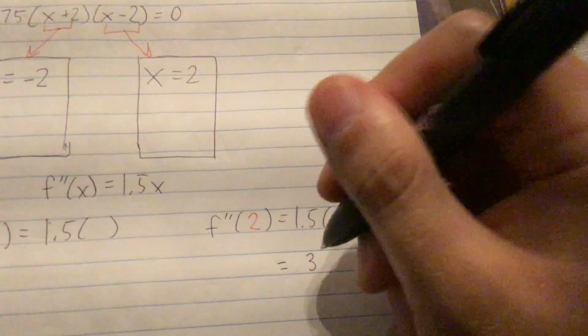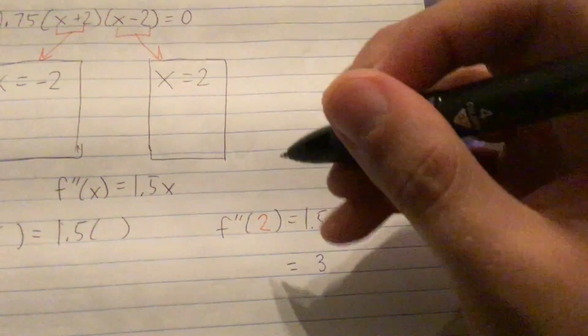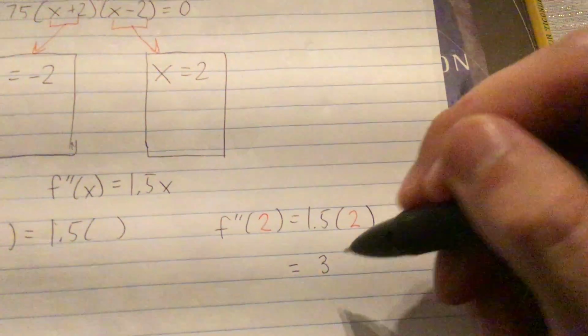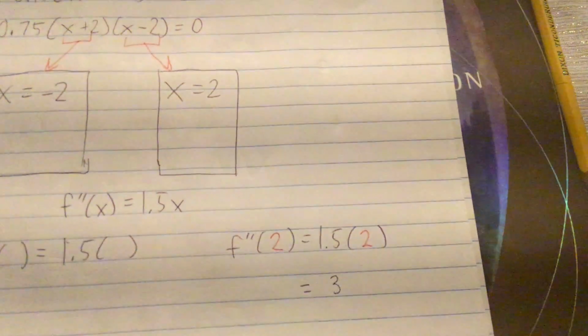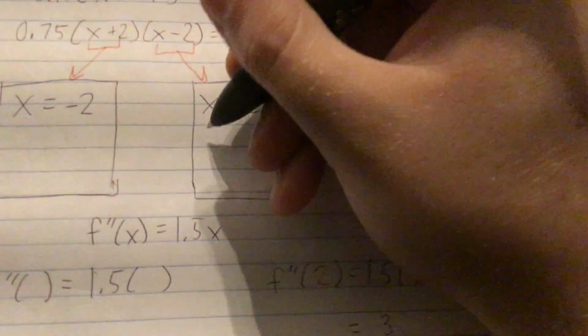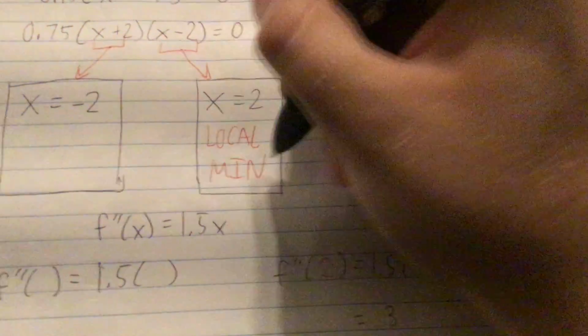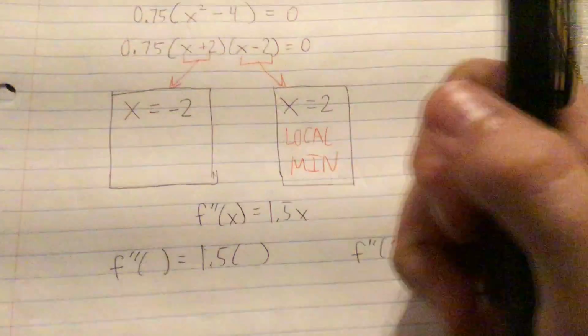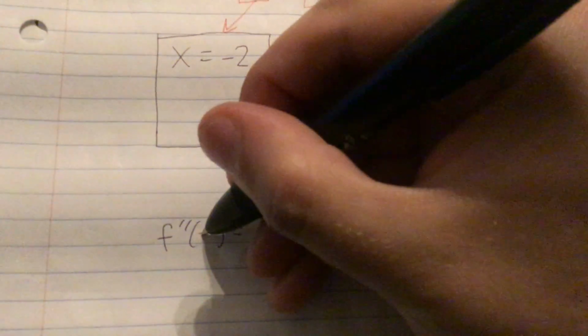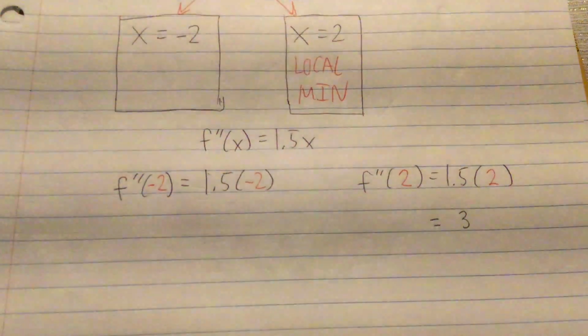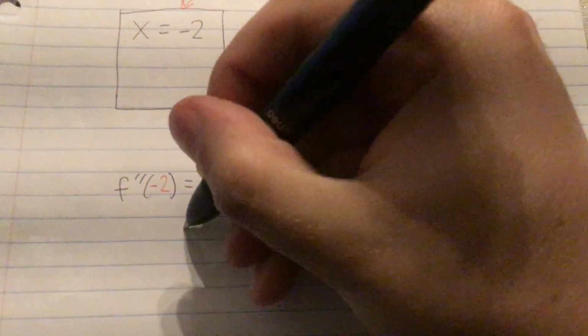That's nice. So the critical point means that it has a horizontal tangent line at x equals 2, and then it rises. Those are the principles of a local min. Then, let's plug in x equals negative 2 for the other critical point. 1.5 times negative 2 would be negative 3.